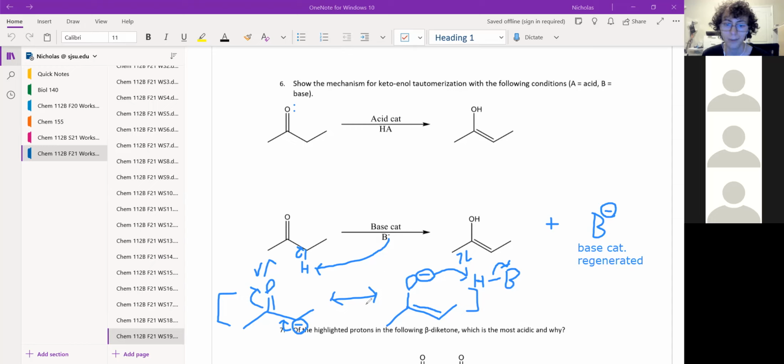So this is a different kind of mechanism. It's not really similar to stuff you've seen before, but it hopefully makes sense because this is an acidic proton. The resonance form makes sense to go towards the enol, and then you have to protonate.